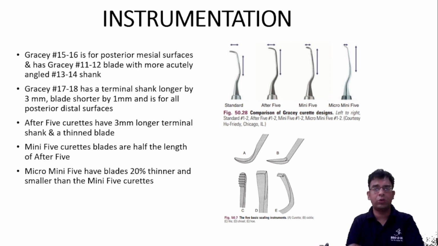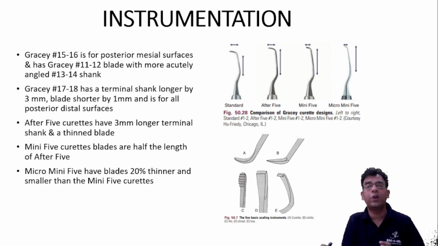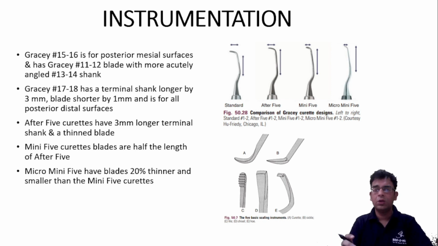Cross section of the instrument, cross section of a scaler, cross section of a curette, and what is the peculiar point about file, about hoe, about chisel. Every year they can get asked. Anterior sickle, posterior sickle, and the names also. The names might be difficult to remember. It is difficult for me yet, like what is Montana Jack, what are Nevi, all those Columbia curettes, everything.